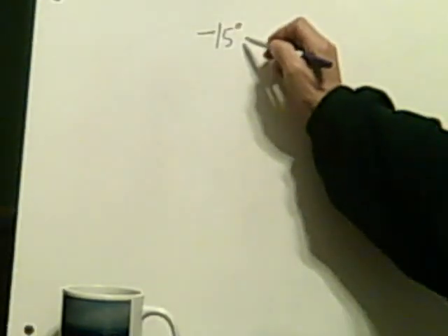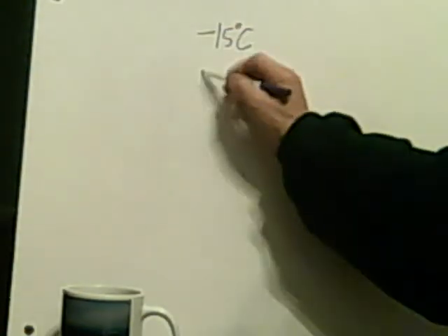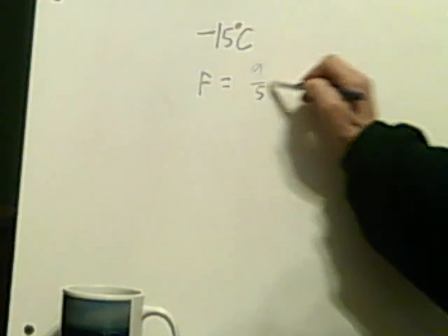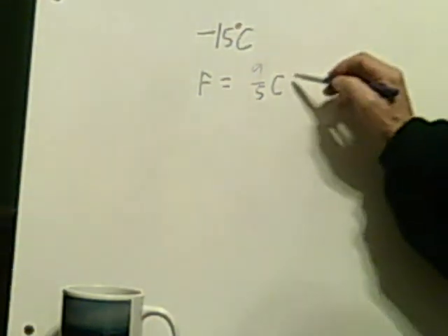One year's low temperature in Nome, Alaska was recorded as minus 15 degrees Centigrade. Write minus 15 Centigrade as Fahrenheit. And we're going to use the formula that Fahrenheit is equal to 9/5 times the Centigrade temperature plus 32.